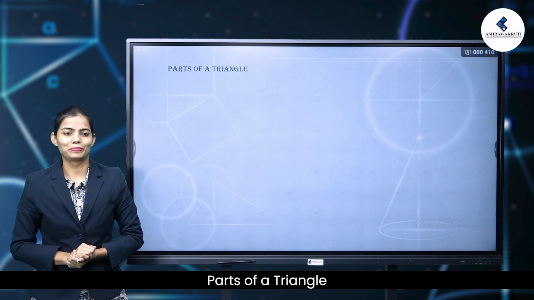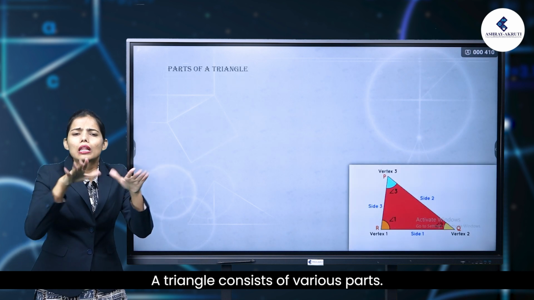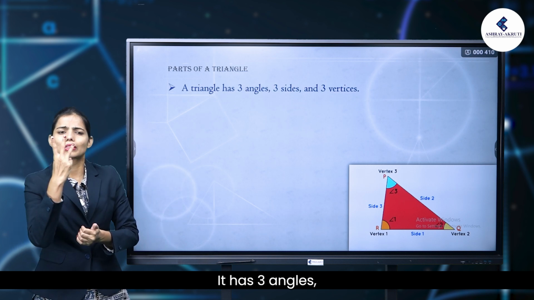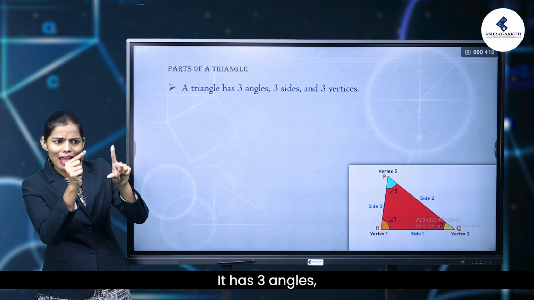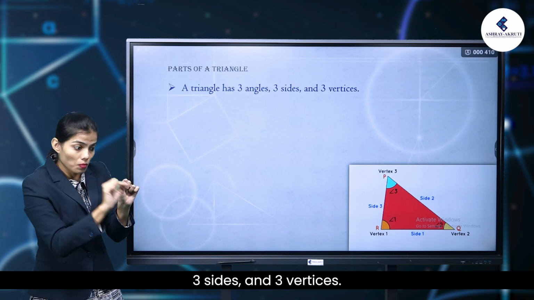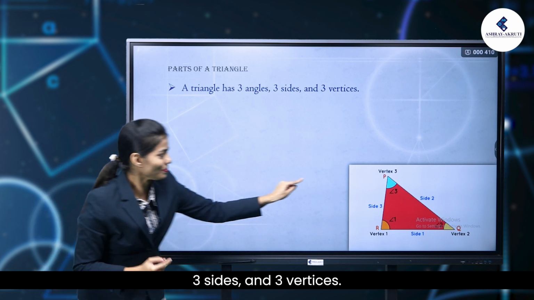Parts of a triangle. A triangle consists of various parts. It has 3 angles, 3 sides, and 3 vertices.